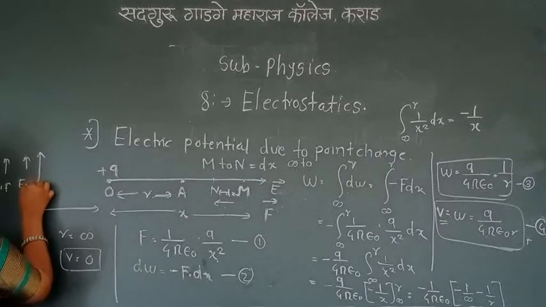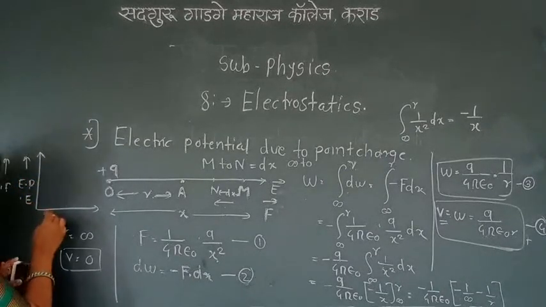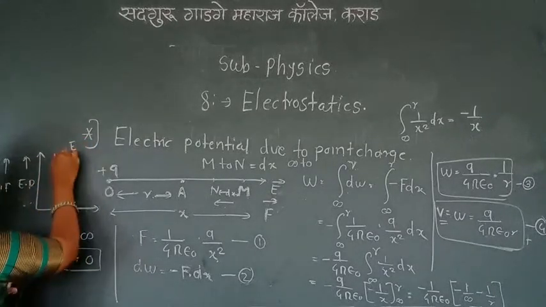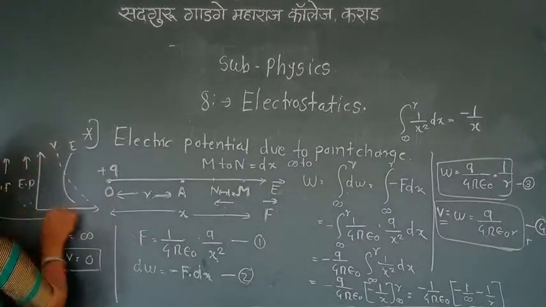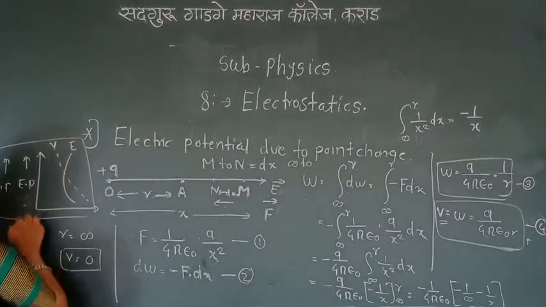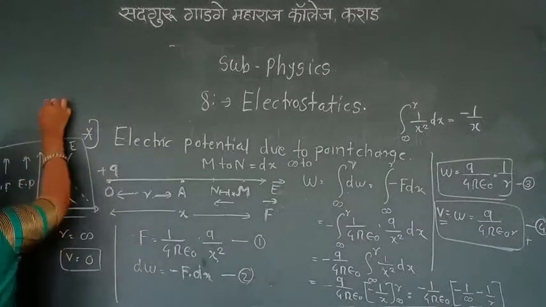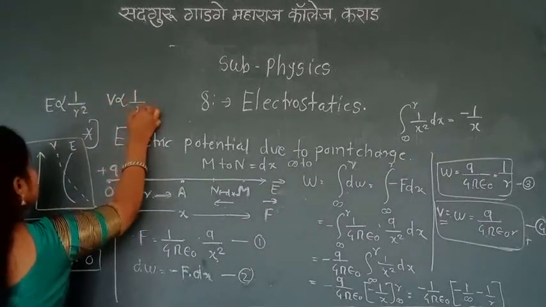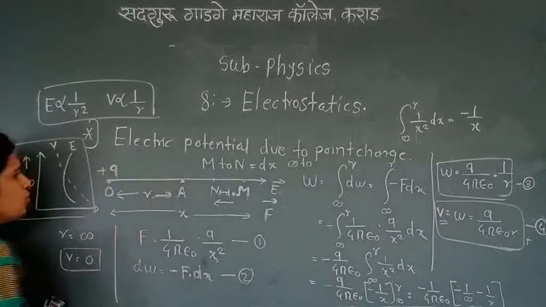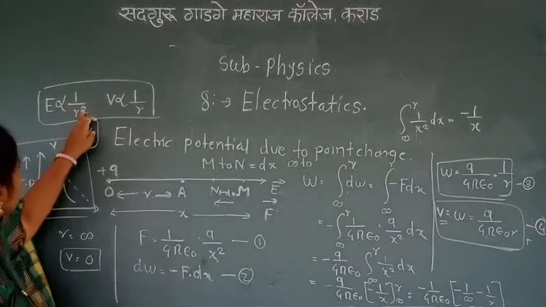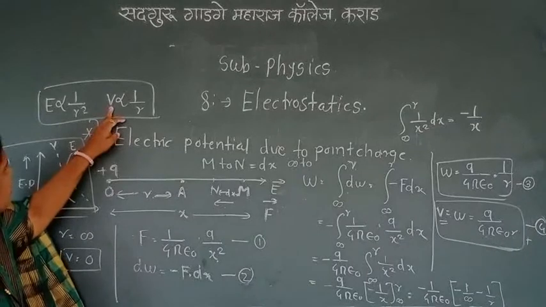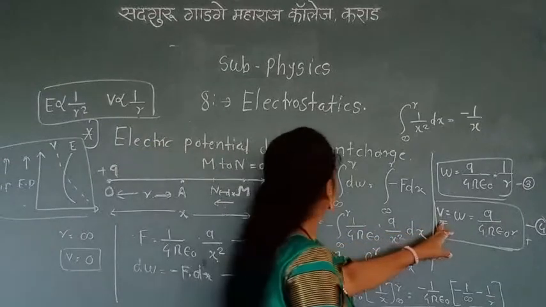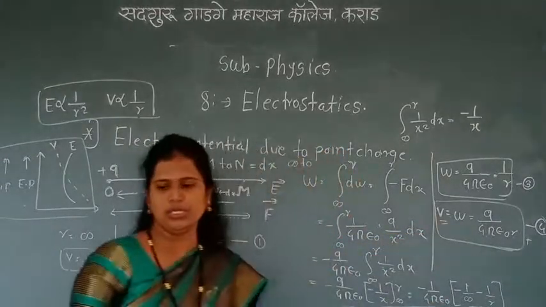Electric field E is inversely proportional to 1 upon R square, and V is inversely proportional to 1 upon R. These two equations show the electric field and the electric potential due to the point charge. Thank you very much.